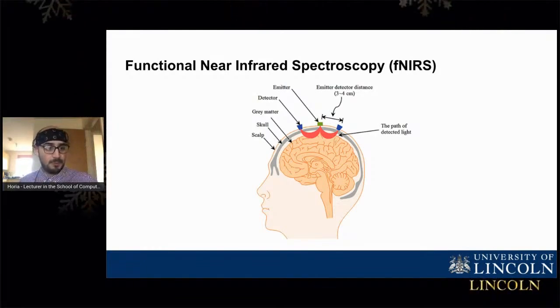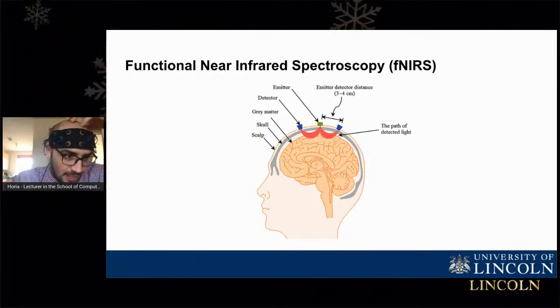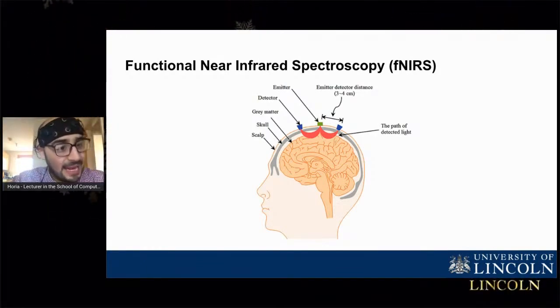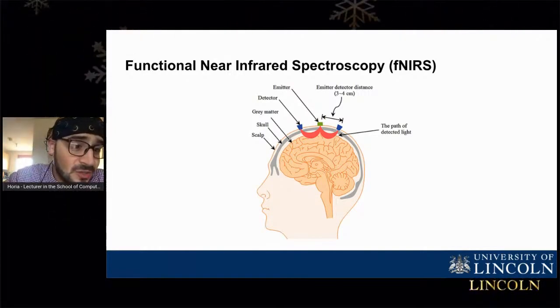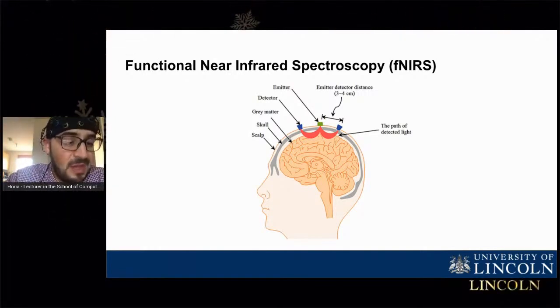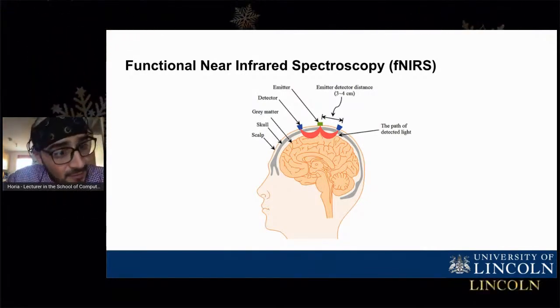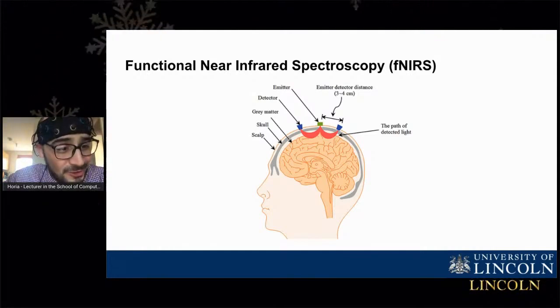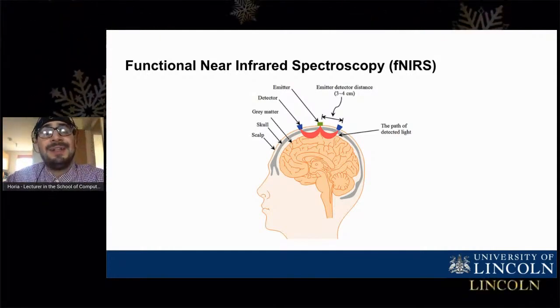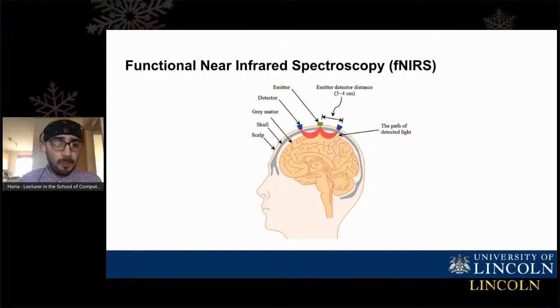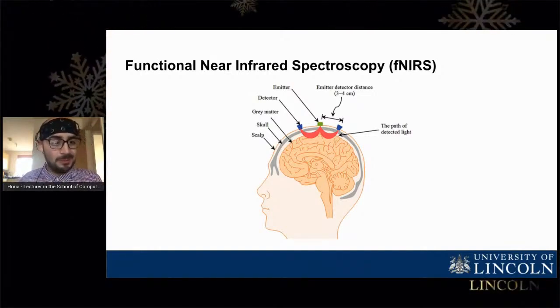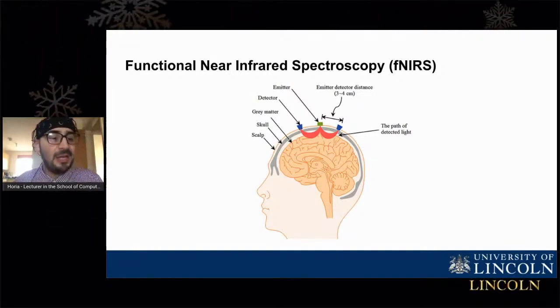We've got a particular molecule in our blood called hemoglobin, which is the oxygen carrier to the brain. When a region of your brain gets active, your neurons like to eat oxygen. When they've eaten all the oxygen, fresh oxygen needs to arrive in that area. That's the neurons' food.